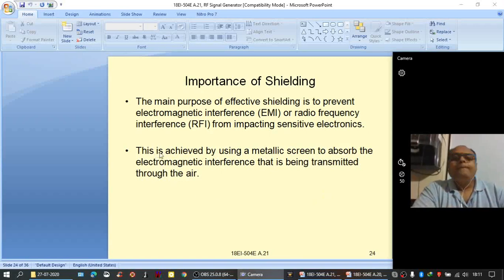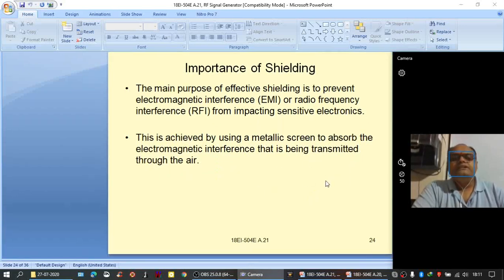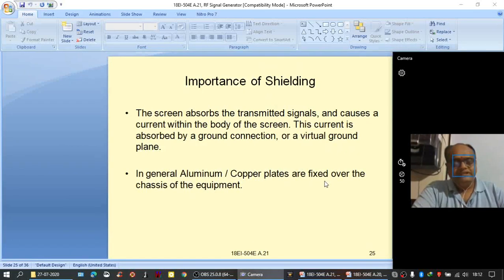So, a metallic screen, as I told already, either a copper or aluminum shield would be provided on all parts of the PCB. And what does it do? It absorbs the electromagnetic interference and radio frequency interference coming from outside, and that is grounded, sent to earth.